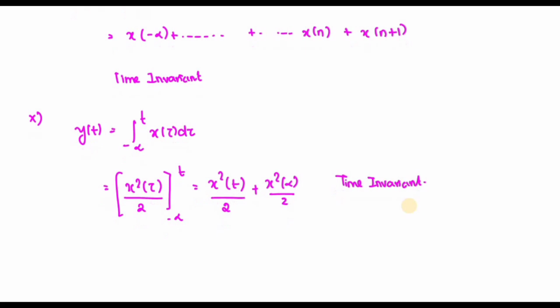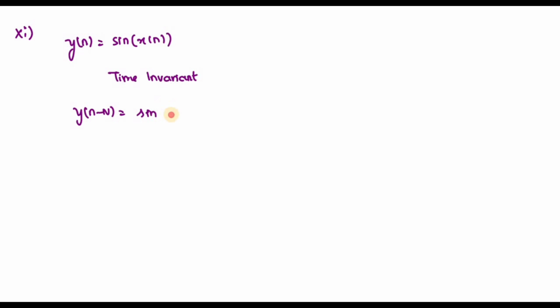Okay, so next, 11th problem. Suppose y(n) is equal to sine of x(n). I can tell this is definitely time invariant, right? Because y(n minus n0) is sine of x(n minus n0).